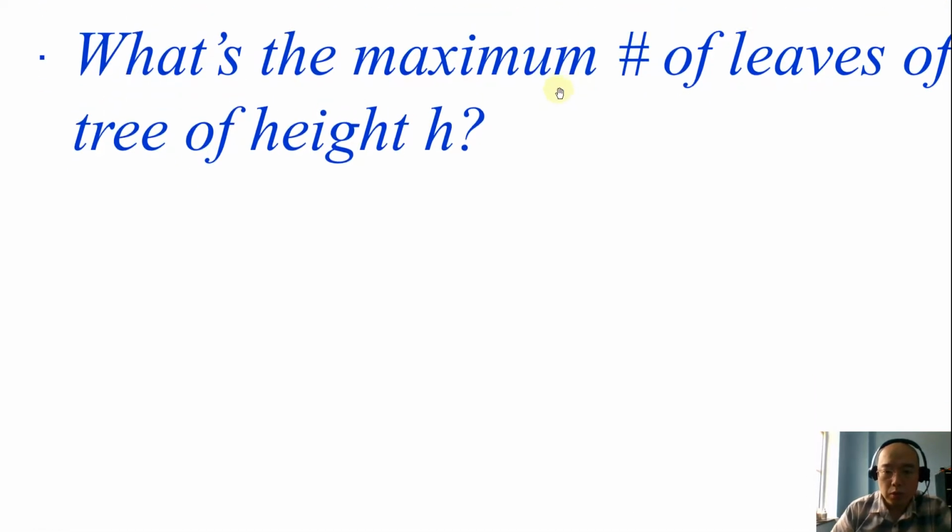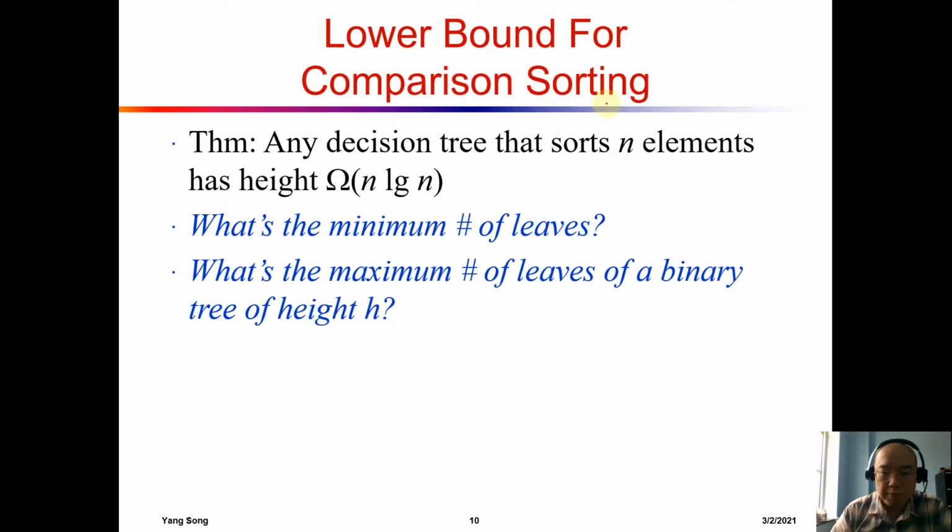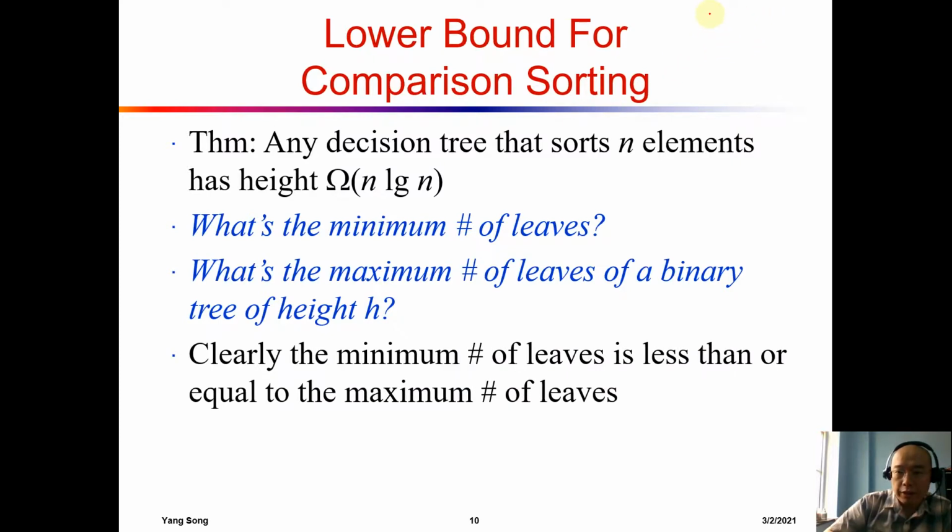So we assume that we have the height of h. We have a tree structure, and for the height of h minus 1, we assume that there is no leaf at all. And then on the last level there are all leaves.